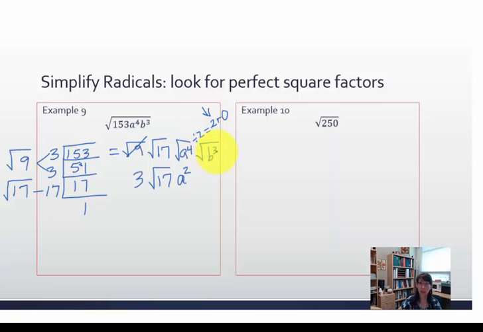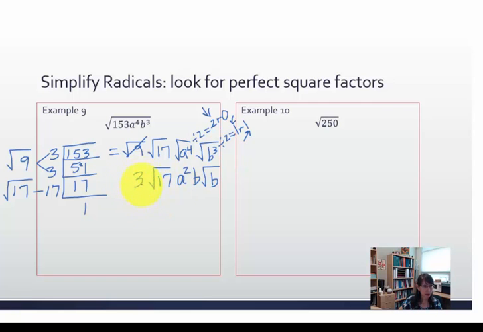With b cubed, 3 is divided by the index of 2. That gives us 1, remainder 1. So 1 is the exponent for b that clears, but this time we do have some base of b that remains under the radical, and the exponent for what remains is 1.